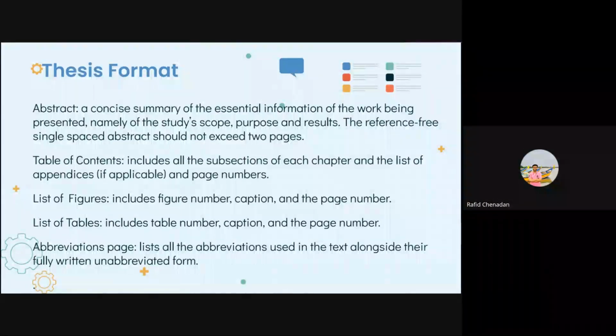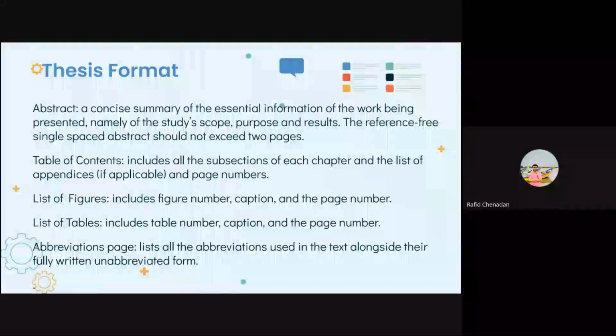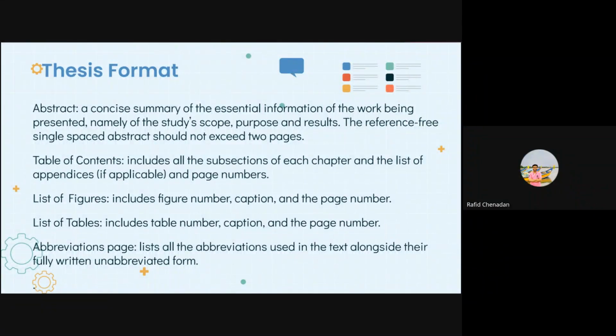We'll move quickly. An abstract is a concise summary, like you're saying this thesis has all these things inside. The table of contents has the names of chapters and all. And the list of figures: when you have figures, you have a list of figures. You have tables, you have a list of tables, and an abbreviation page.